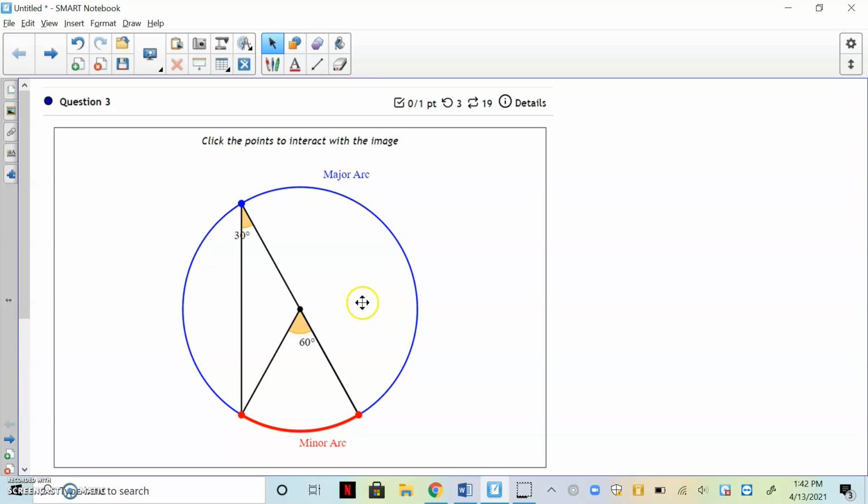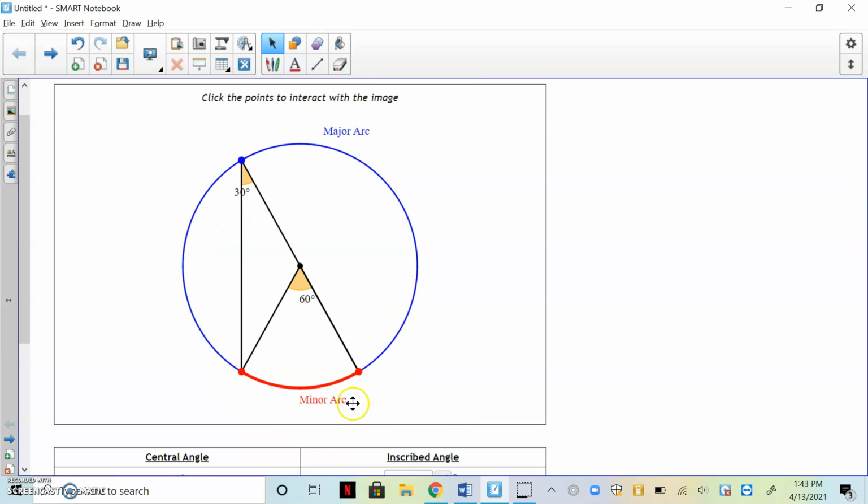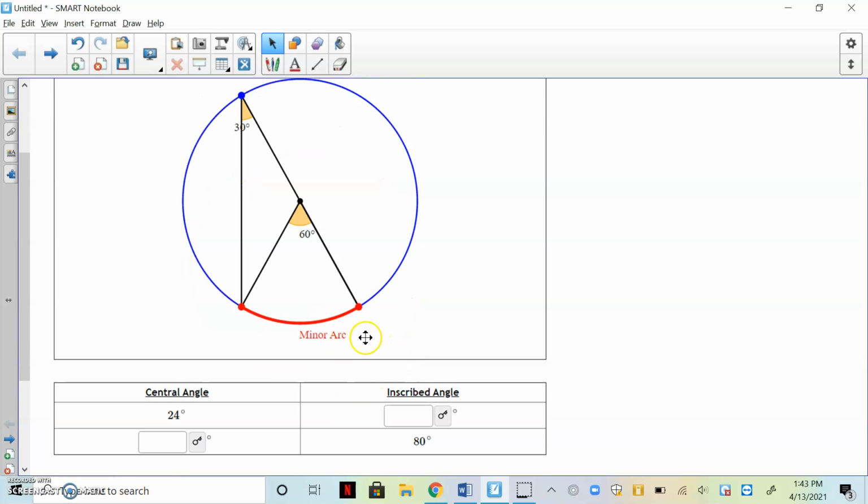Let's start with number 3. This is a pretty basic one. On Open Math, you can actually move this to your convenience, but let's just take a look at using the rule. So here we have our angles, and so the central angle, if the central angle is 24, what would my inscribed angle be? And here, this picture is kind of important to look at.